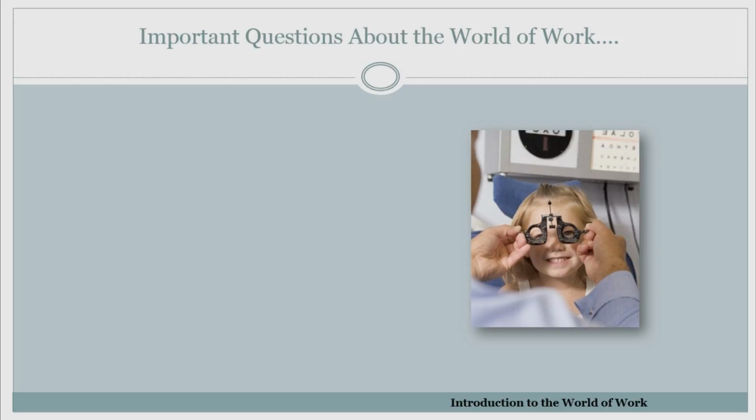When you're beginning to research the world of work, it's important to consider really important factors related to the occupation or industry. We recommend that students actually go out and interview professionals or job shadow. We call the interviewing professionals informational interviews, and or you could job shadow professionals in the line of work that you're interested in.